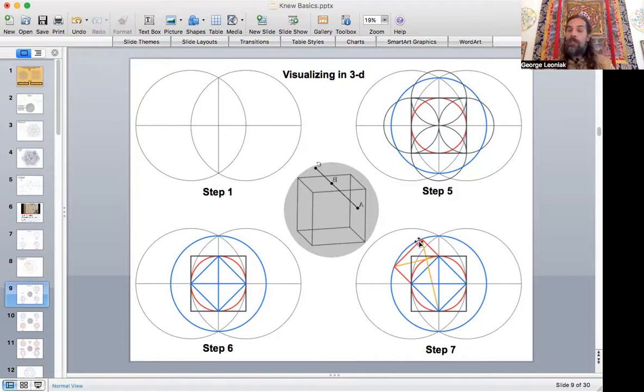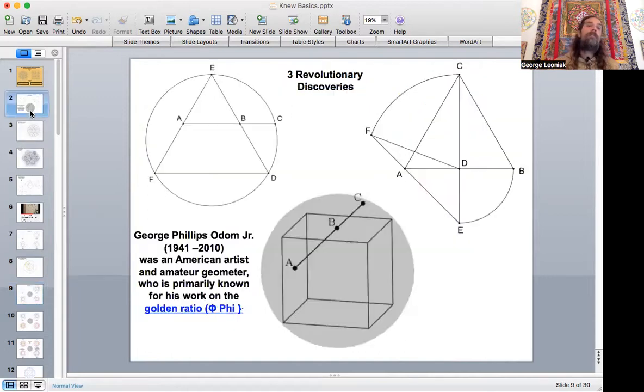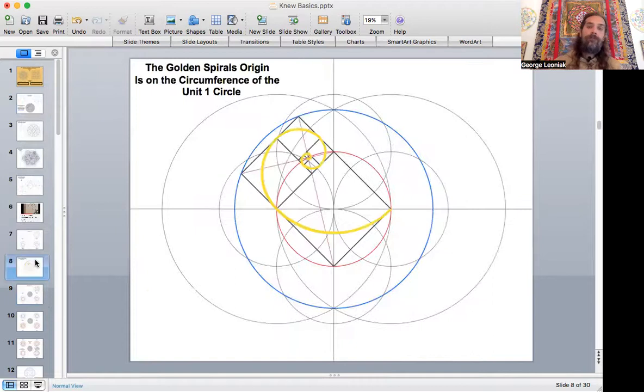And now we just extend the octahedron edge and we get the golden rectangle. And the location of the sphere that's in the cube and the octahedron around it, that is the golden rectangle and this origin of our golden spiral. So here's our spiral going around.